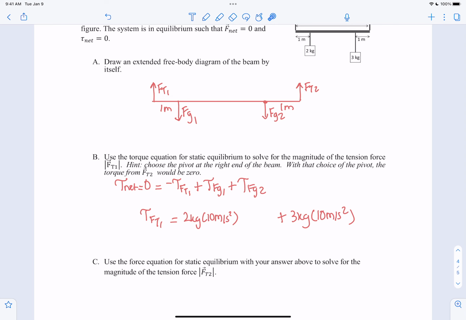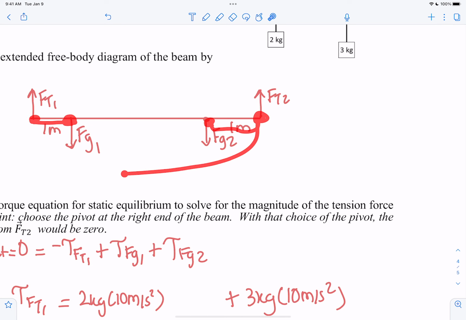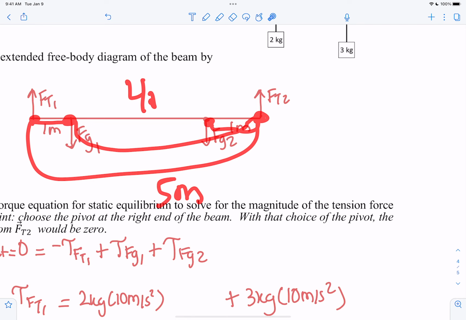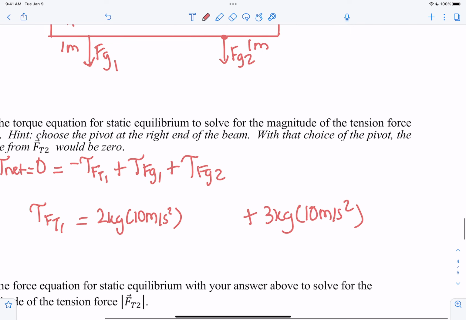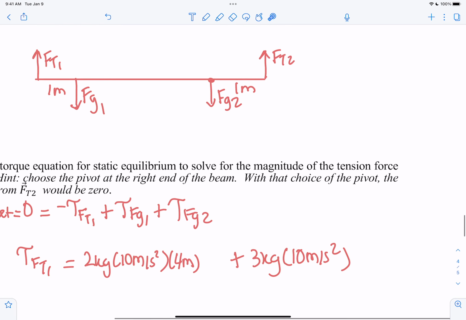So this Fg2 is enacted at 1 meter away from the pivot. And since this is 1 meter away from the end, and this whole thing was 5 meters, it only makes sense from here to here to be 4 meters. So Fg1 would be at 4 meters relative to the pivot.